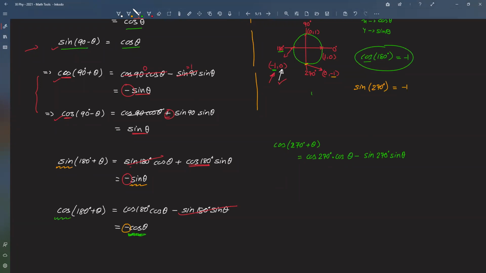Again, 270 degree is on the y axis, so x is 0. That means cos 270 degree is 0, and this is gone. And sine 270 degree will be minus 1. So this is minus of minus, that is plus sine theta. So again cos changed to sine, but here you have a positive sign.